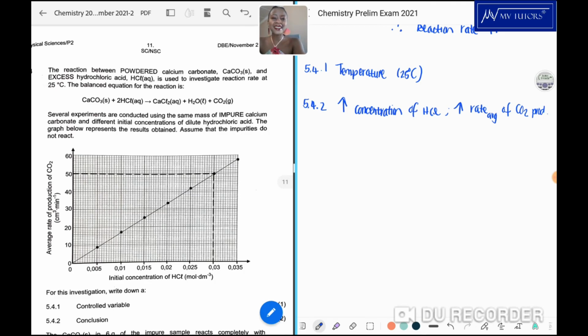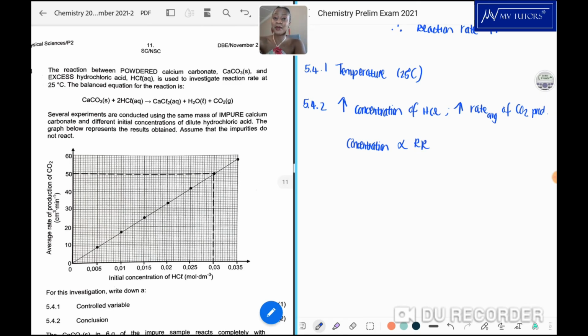And what does that tell you? Remember the rate of reaction, what actually affects it. If you have a higher concentration, then your rate of reaction increases. So we can say concentration is directly proportional to the rate of reaction.